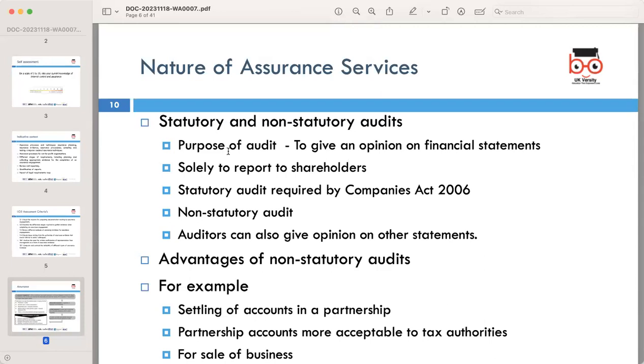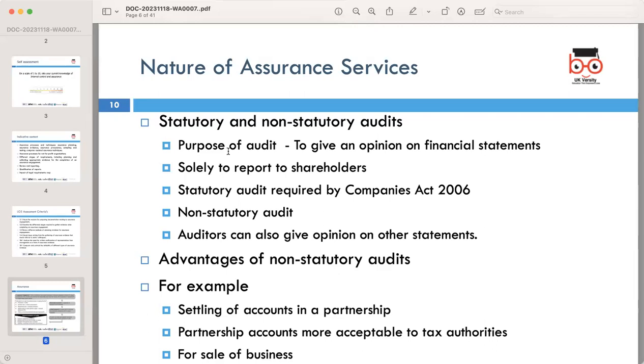Having a non-statutory audit can make your business more attractive to buyers because they can trust the financial information. If you need to talk to the bank about getting a loan, a non-statutory audit can be like a good reference. It shows the bank that your finances are in good shape.